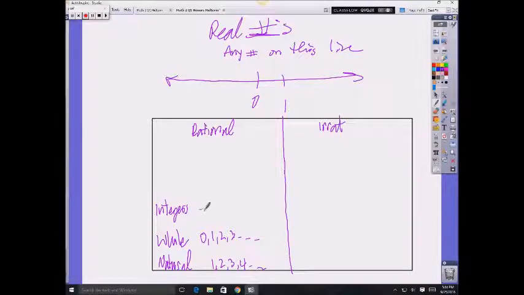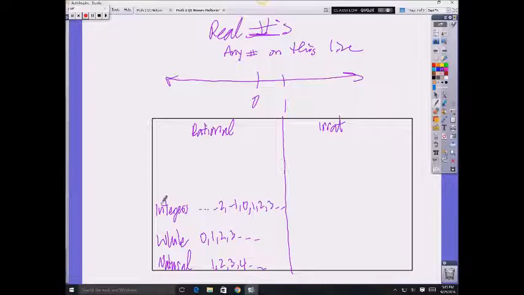Integers are the negatives, -2, -1, and the wholes, and the naturals. So, the integers include everything below them. They include the wholes, they include the naturals. The wholes include everything below them, only the naturals. They do not include everything above them.